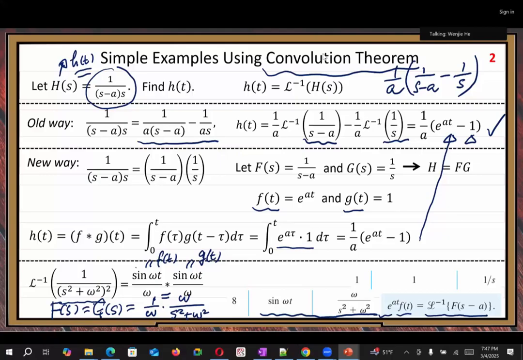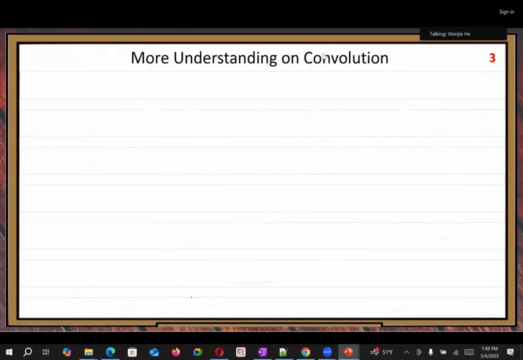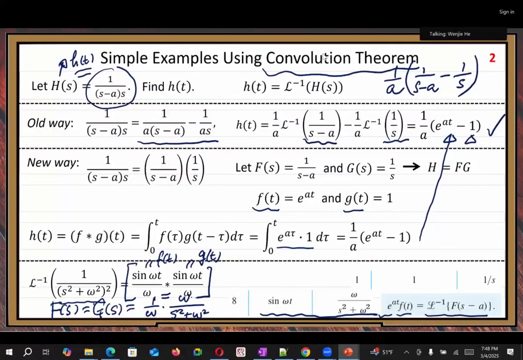But to calculate this function, you need to apply the definition of the convolution. So we can do it if you like, but you just need to calculate a certain integral. You need to make some effort.